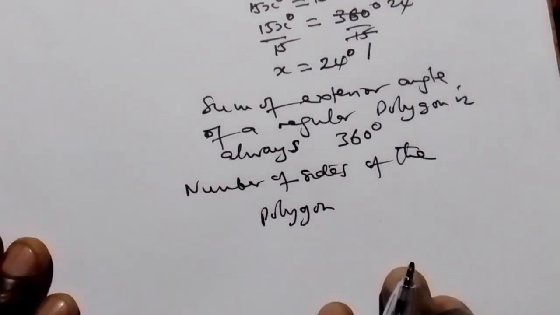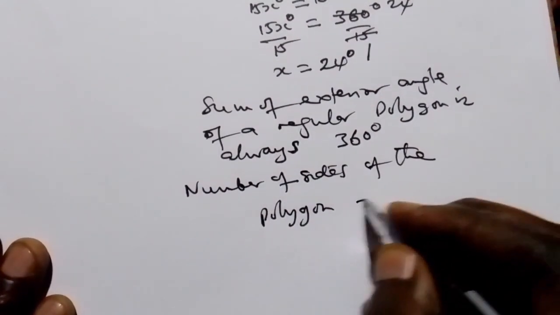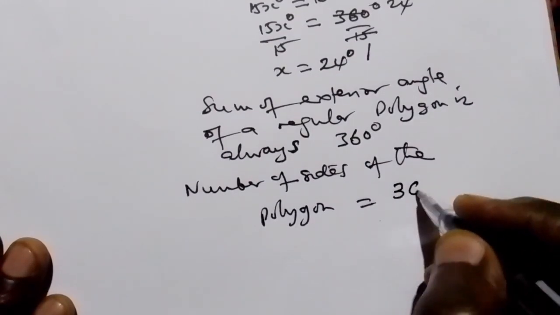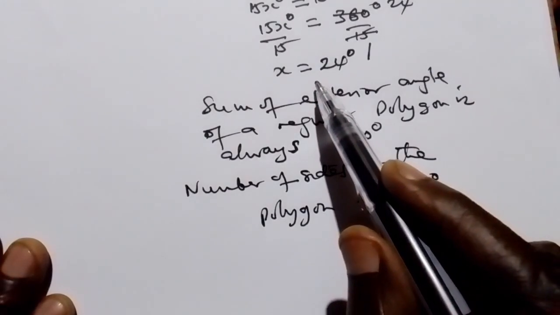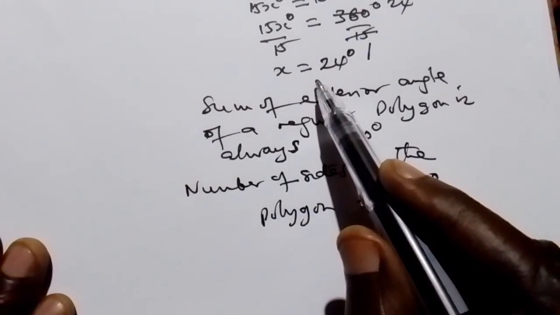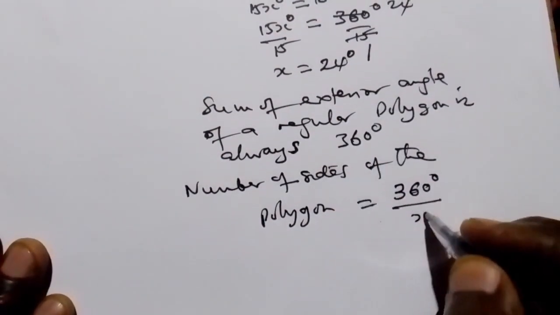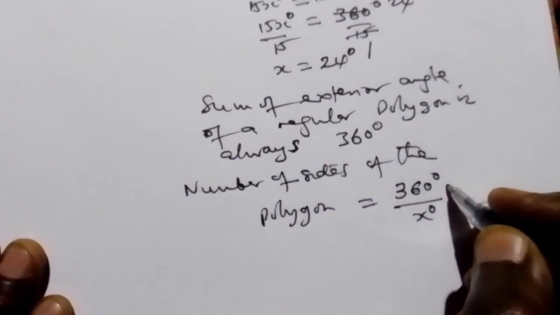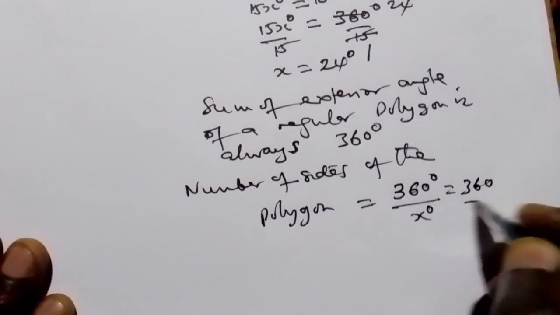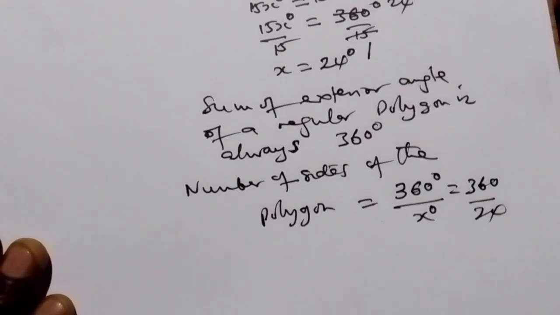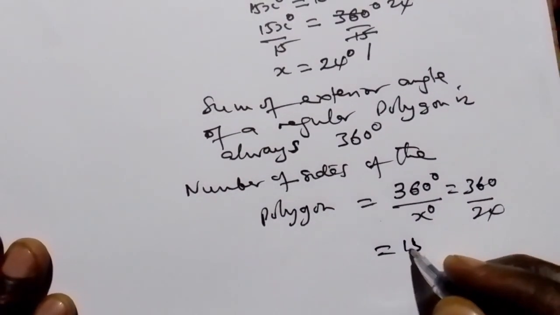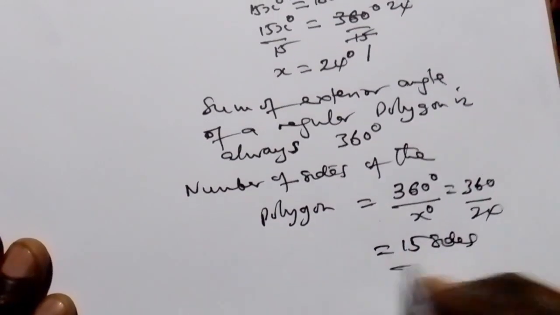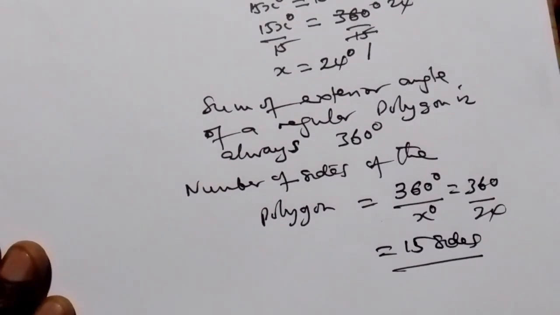The number of sides of the polygon is equal to 360 degrees divided by the angle of one side, that is x degrees, which is equal to 360 divided by 24. 360 divided by 24 is equal to 15 sides. So the size of this polygon is 15 sides.